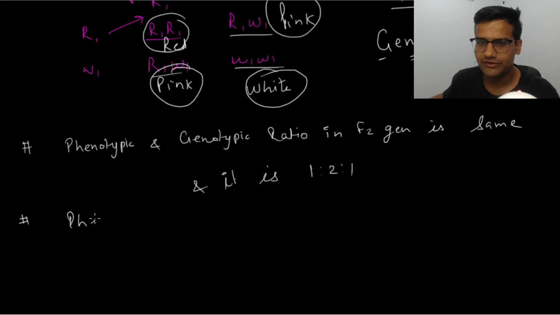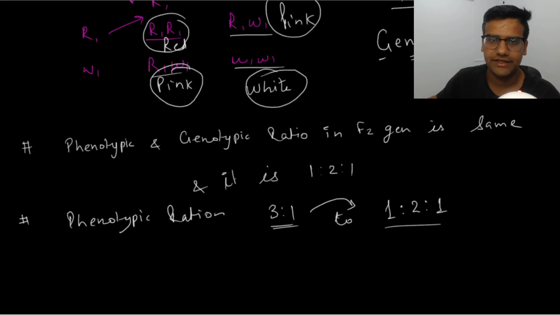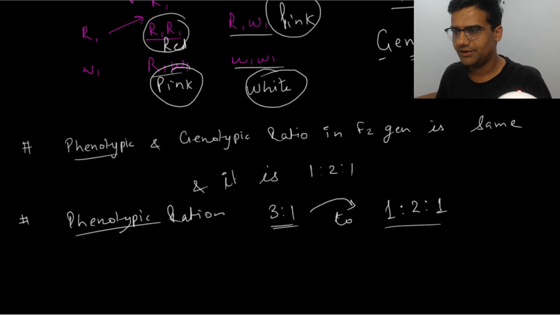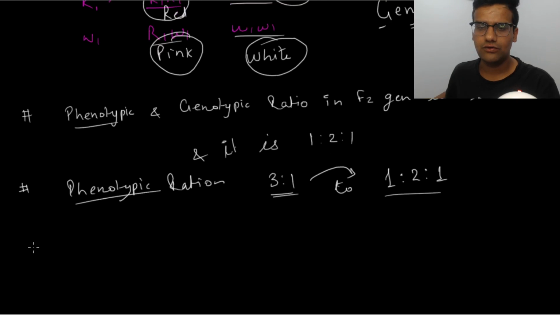The phenotypic ratio of 3:1 is changed to 1:2:1. So this is the case with incomplete dominance. In the next class, we will solve some numerical problems related to incomplete dominance.